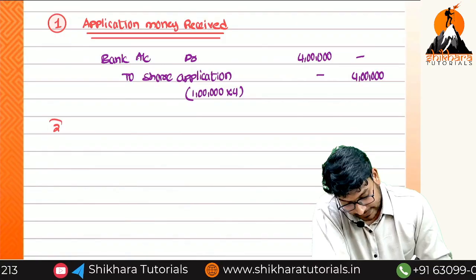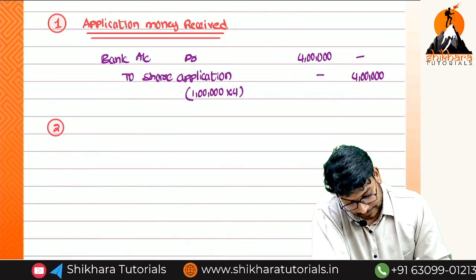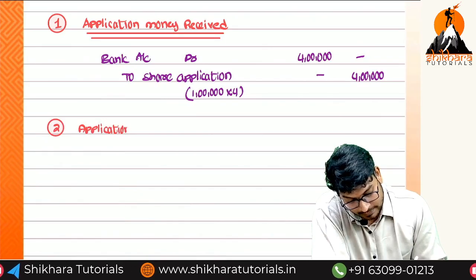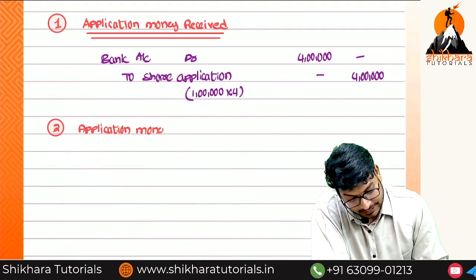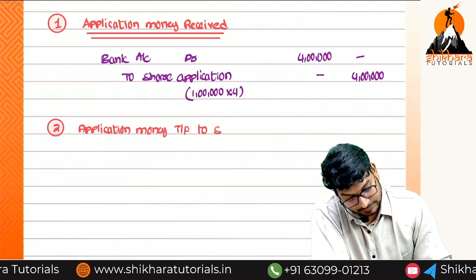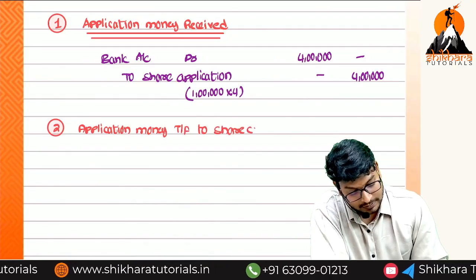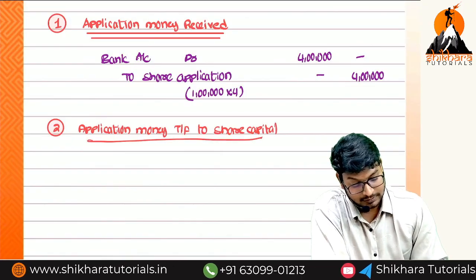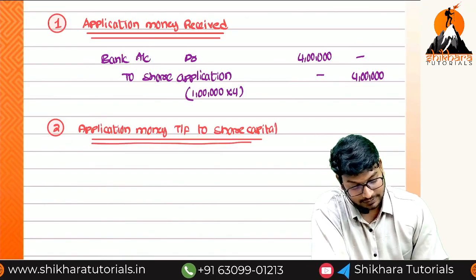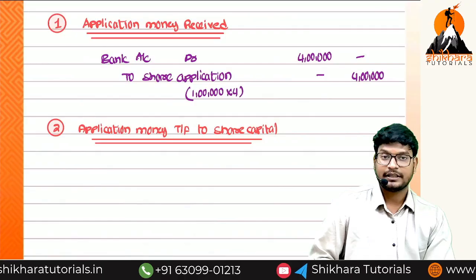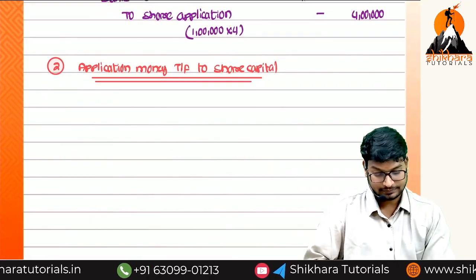What is the second one? Application money transferred to share capital. What is the entry for this one? Share application account debited to share capital account.